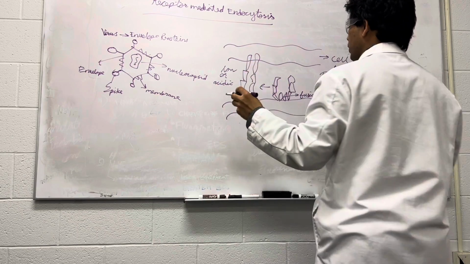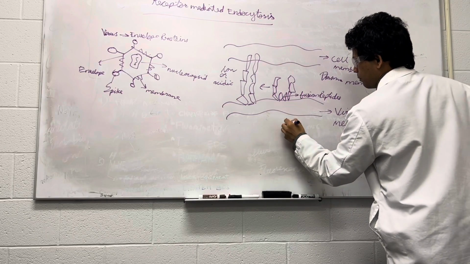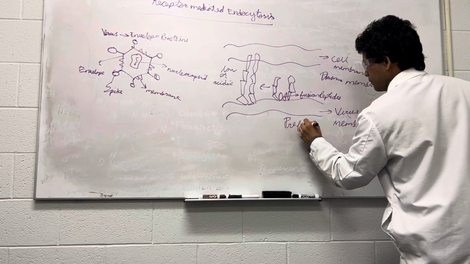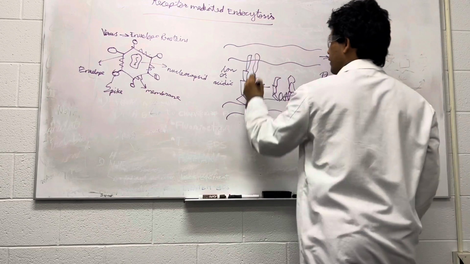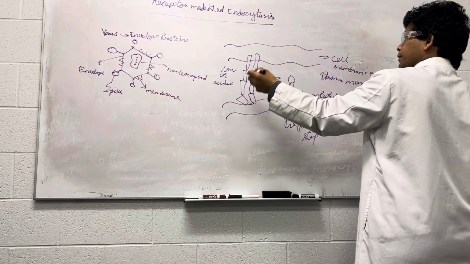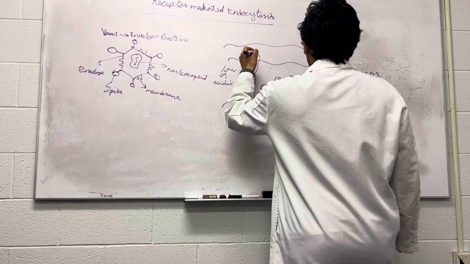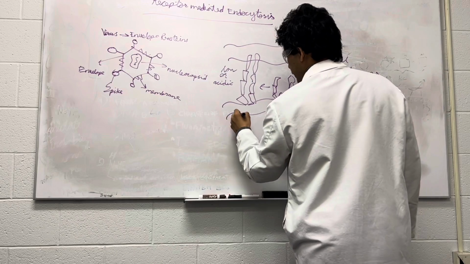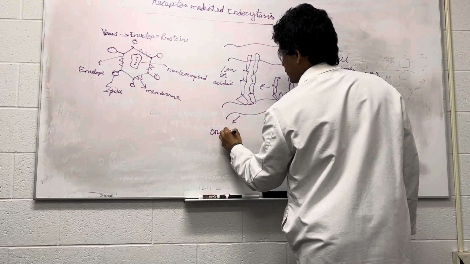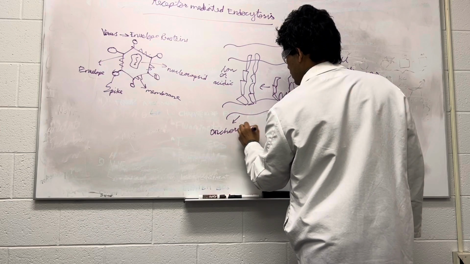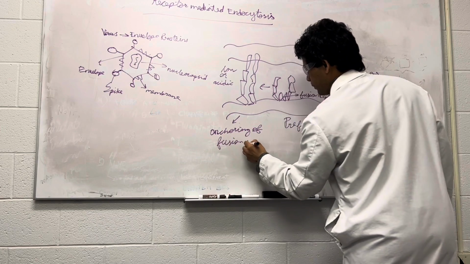The conformation change occurs and it anchors. The first step is called the prefusion step. In low acidic condition, due to conformation change, it anchors with the cell membrane, and this is called anchoring of the fusion peptide.